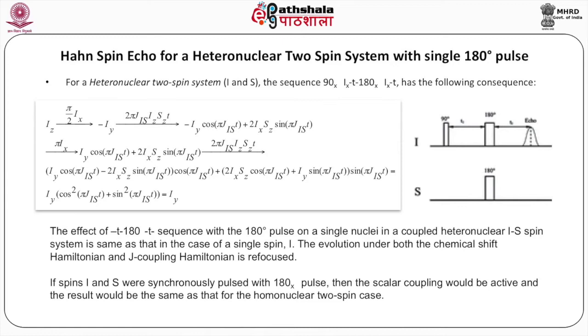The effect of the t 180-degree t sequence with the 180-degree pulse on a single nucleus in a coupled heteronuclear IS spin system is the same as that in the case of a single spin I. The evolution under both the chemical shift Hamiltonian and the J coupling Hamiltonian is refocused. If spins I and S were synchronously pulsed with a 180-degree x pulse, then the scalar coupling would be active and the result would be the same as that for the homonuclear 2-spin case.